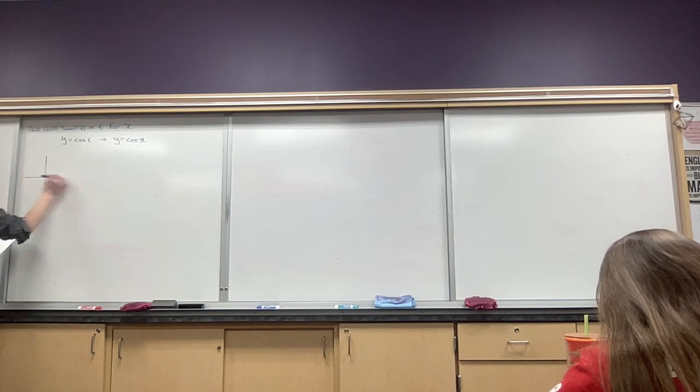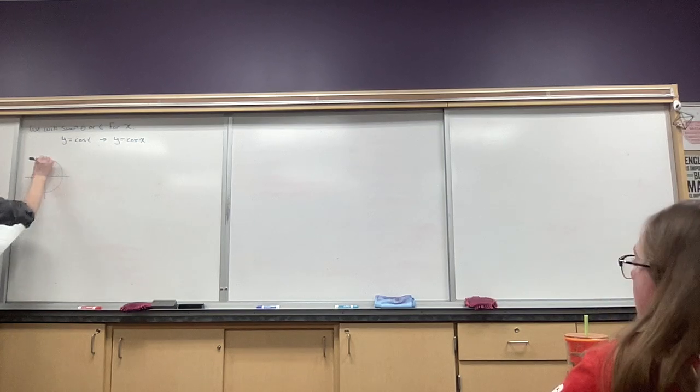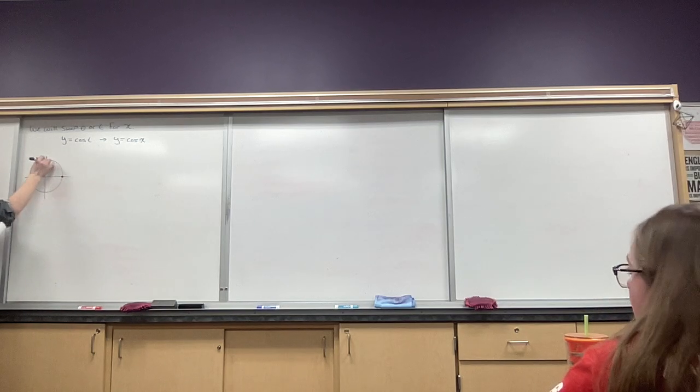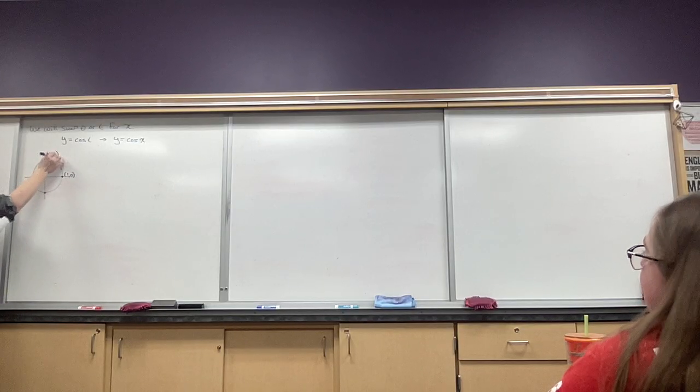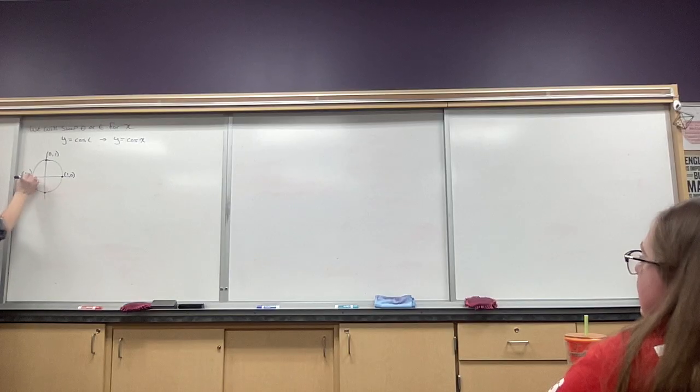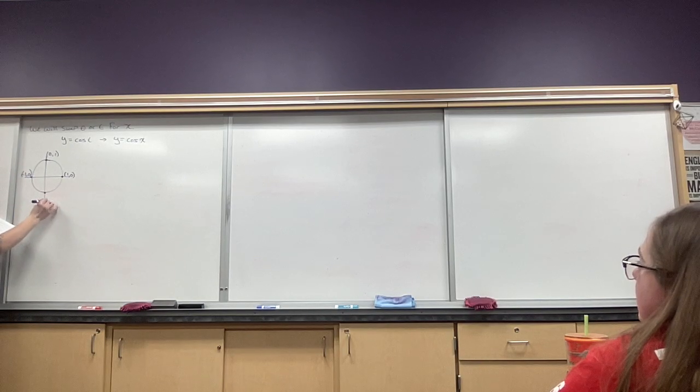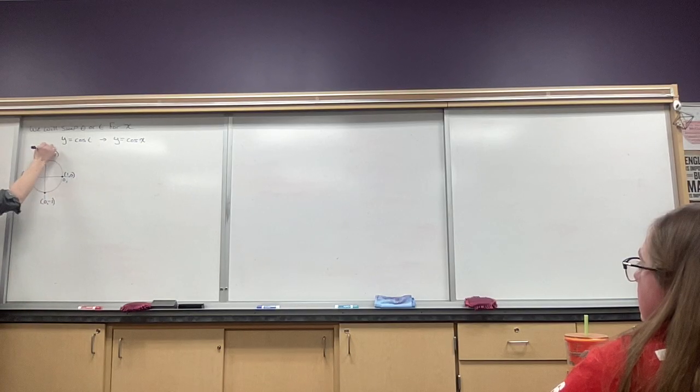So let's take a look at our unit circle again. Here it is. Let's look at these 4 critical points. So at this point, it's (1, 0). Up here is (0, 1), (-1, 0), and (0, -1). And going around the circle, this is 0, this is pi over 2, this is pi, 3 pi over 2, and then we're back here, a full circle, which is 2 pi.